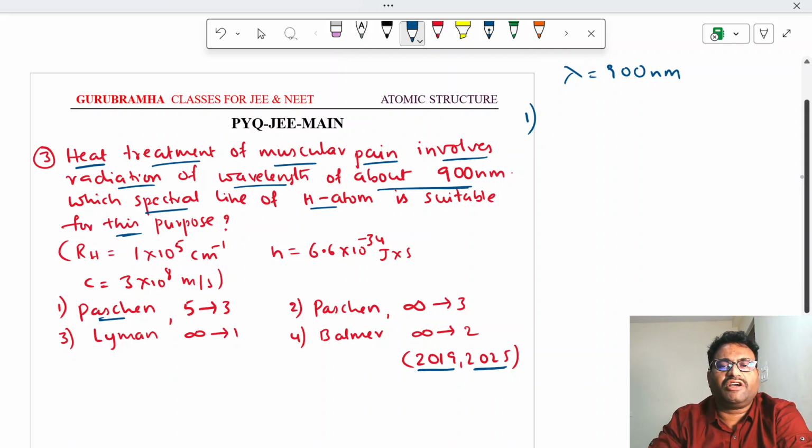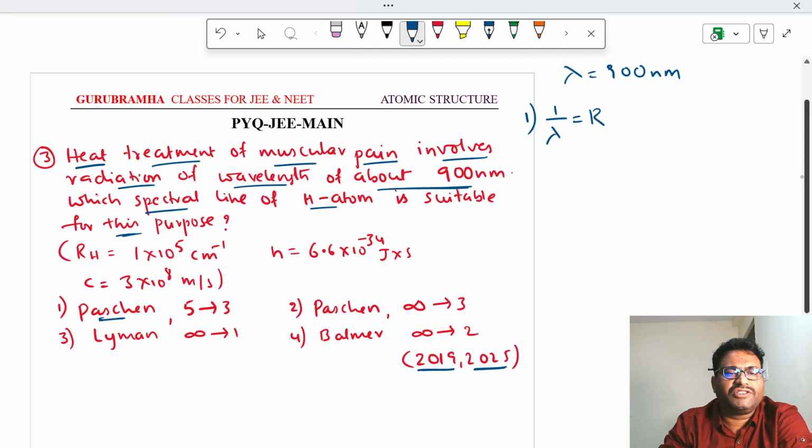So let us take the Rydberg formula. What Rydberg formula? 1 by lambda is equal to RH. Here it is given as the hydrogen atom, so we do not use Z square, because Z will be equal to 1, into 1 by 3 square, since it is coming to the third orbit, minus 1 by 5 square, the fifth orbit it is coming from.